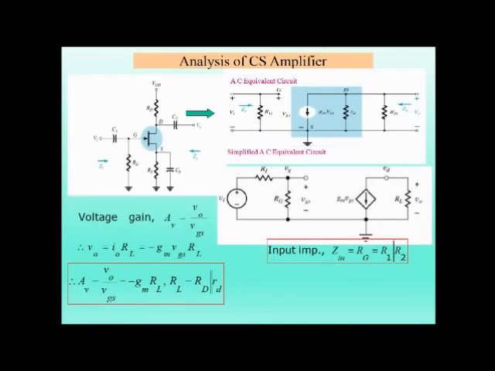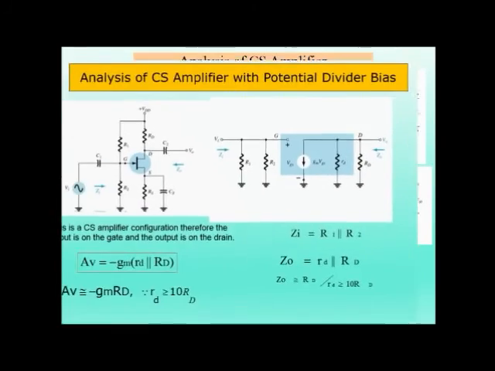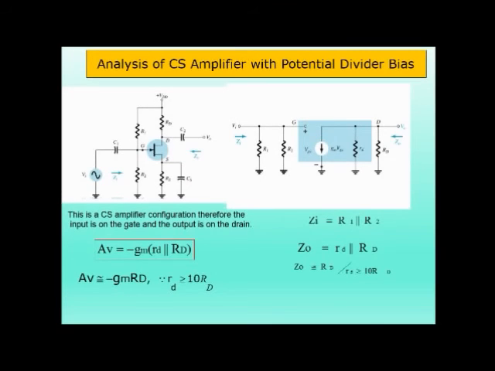The input impedance, if you see from left to right, is just a parallel connection of R1 and R2, and output impedance is the parallel connection of RD and small rd. So this analysis of the CS amplifier on the basis of this potential divider bias or voltage divider bias can also be done by using the small signal analysis.